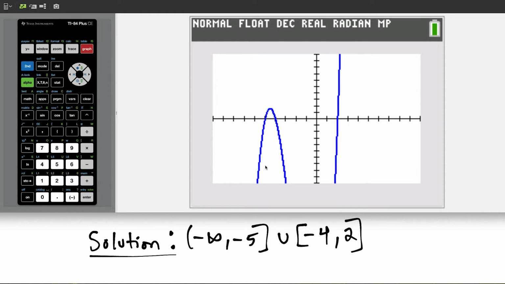So notice that from -infinity up to -5, the graph is under the x-axis. And then it goes back under the x-axis at -4. It hits 0 and it goes under. And it's under the x-axis until we get to x equals +2. The graph reaches 0 again, and then it goes above. So our solution checks out.